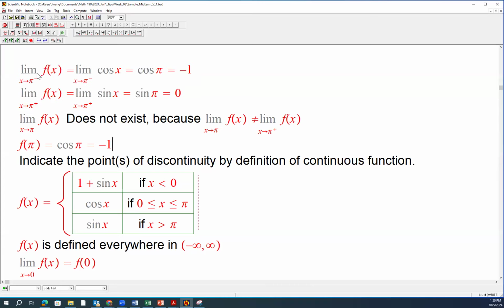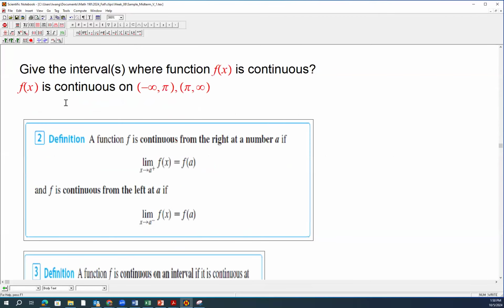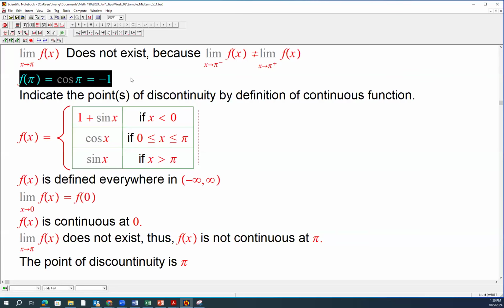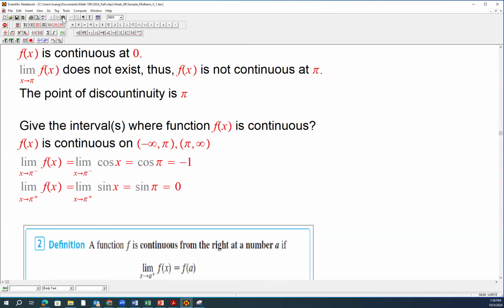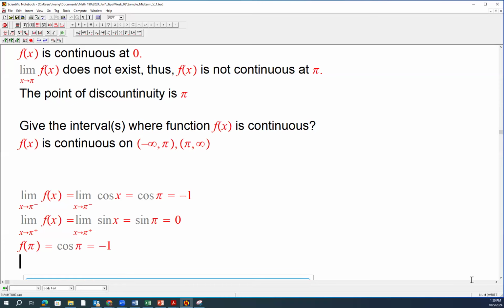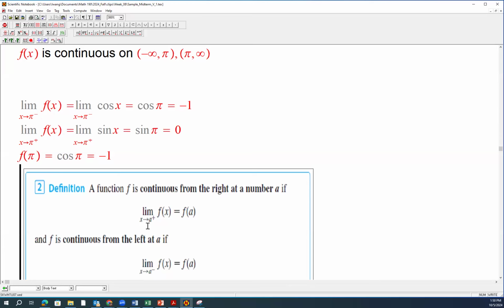We have f of pi, and f of pi equals -1. We have these three facts. So in order for us to see better, we're going to apply the definition. See what the definition says.